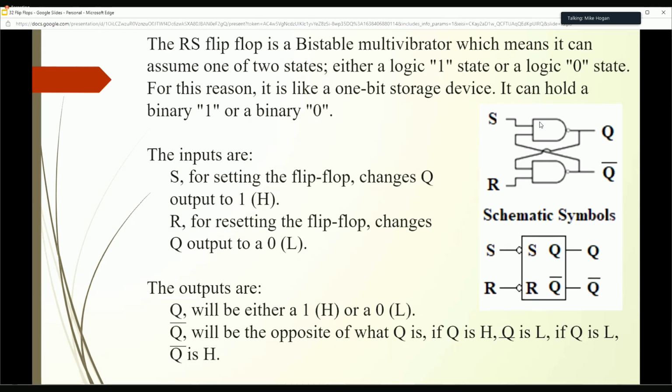Anybody remember what type of gates these are? It's not AND or OR. Yeah, they're both the same type of gate, and you can barely see this bubble inverter on the outside. It looks like an AND, but it's got the inverter. And so we said that this is a NAND gate, and we have two NAND gates.